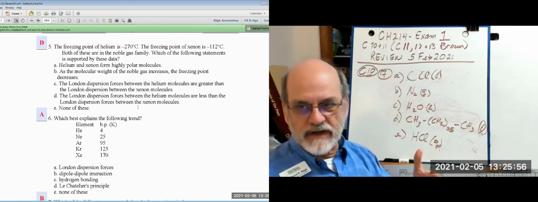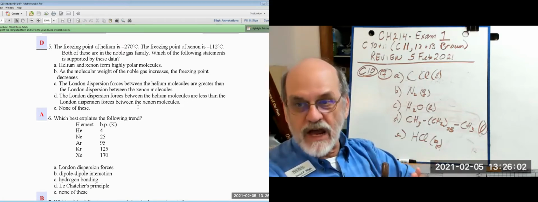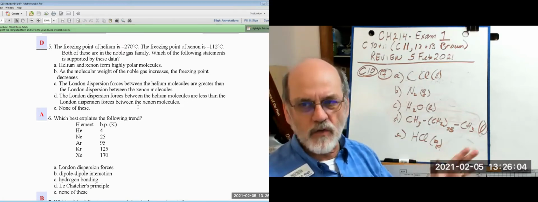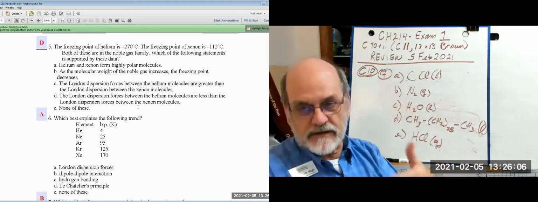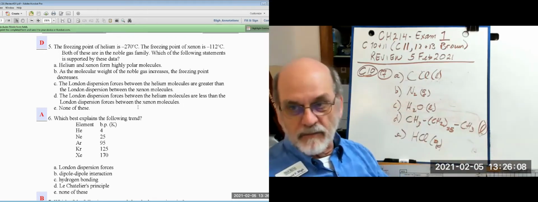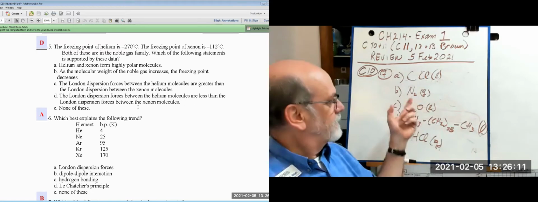Gases are virtually non-viscous. It's easy to move a gas through a mesh with virtually no resistance. There is some resistance, I'll grant you, but compared to liquids, it's nothing.